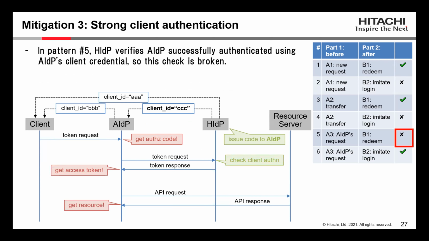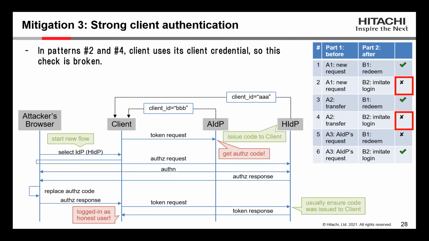However, if the attacker requests a token as a client, like pattern 5, HIDP cannot detect the attack. This is because the attacker can use AIDP's client credential at this timing. So the client authentication succeeds. When imitating login by replacing the authorization code like patterns 2 and 4, HIDP cannot detect the attack.